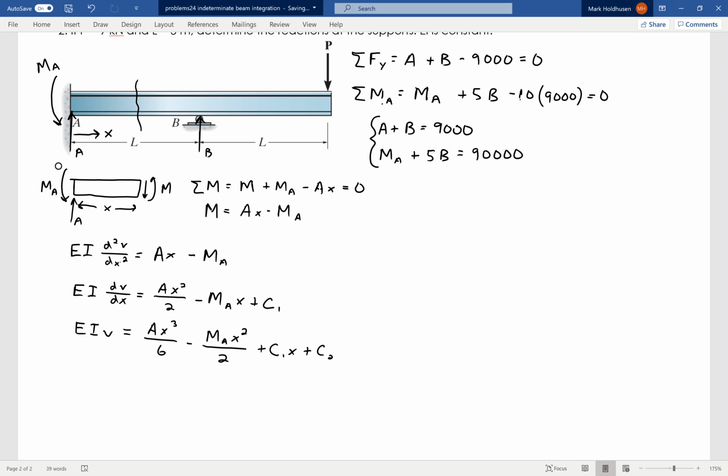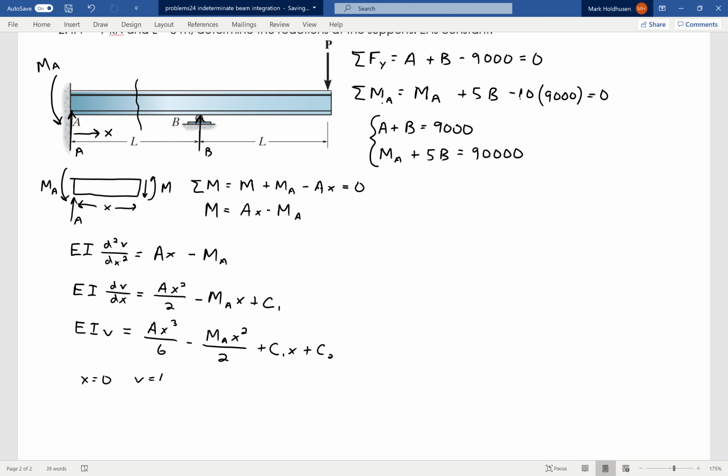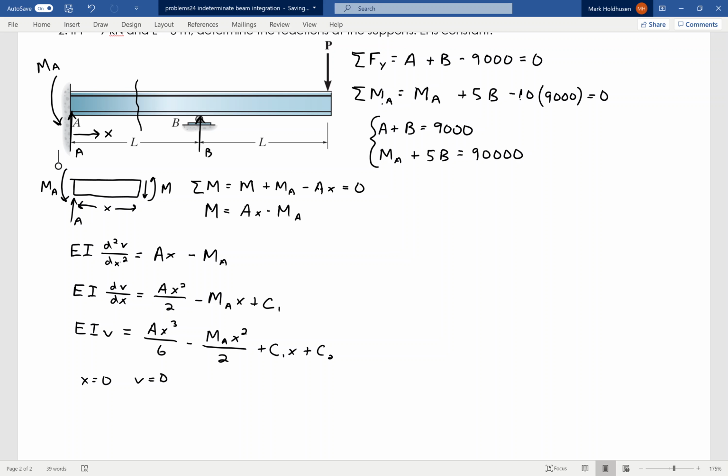Now I'm going to start using what I know about the deflection equation. Right off the bat, at A, when x equals 0, I know two things. First, v equals 0. There is no deflection at point A. So from the first equation, I get 0 equals 0 minus 0 plus 0 plus c2, so c2 equals 0, which is a good thing.